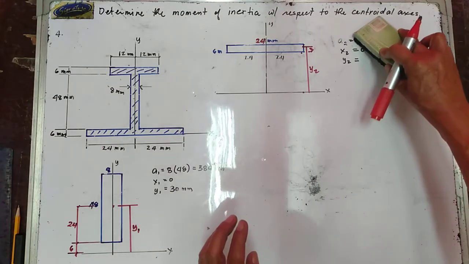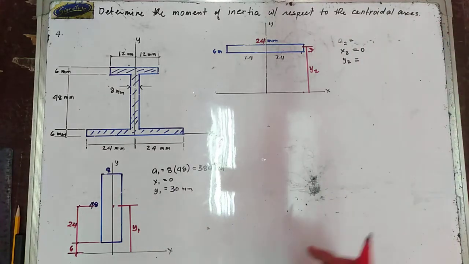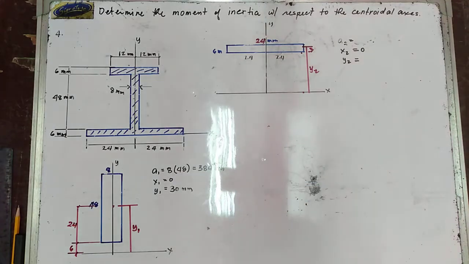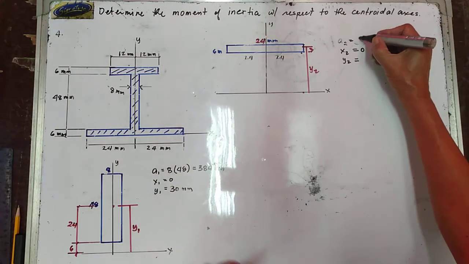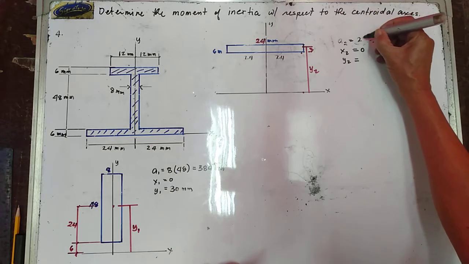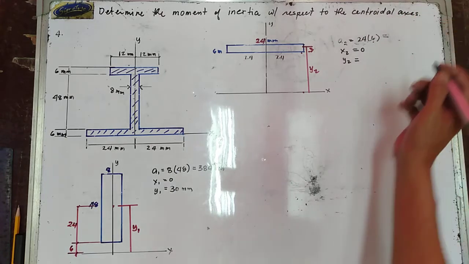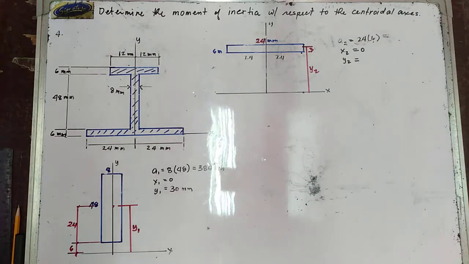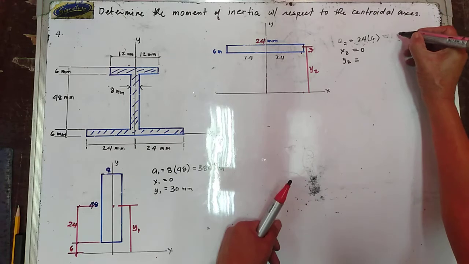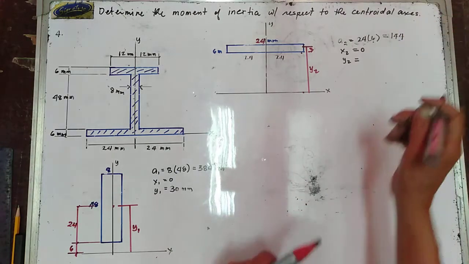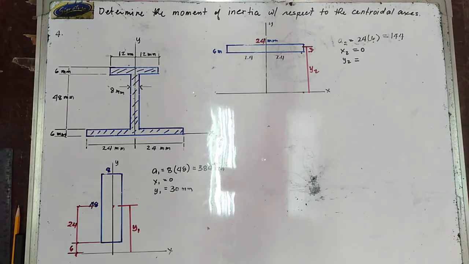So the area in here is equal to 24 multiplied by 6, and this is equal to 144.